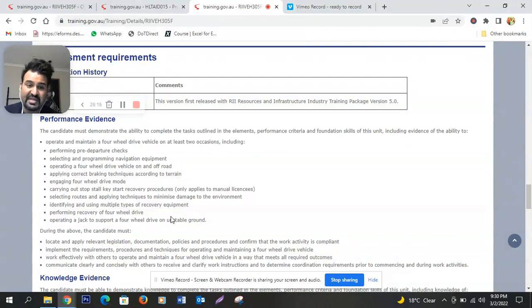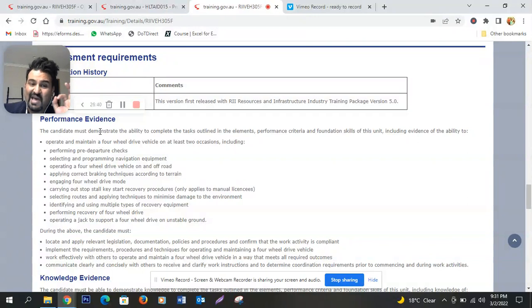But the unit of competency, this is not me or you writing. This is on the national level, what they have made sure that we need to have as a minimum. All right, so we have the performance evidence again. What did I tell you about the performance evidence? Performance evidence is where you are going to design your practicals around.